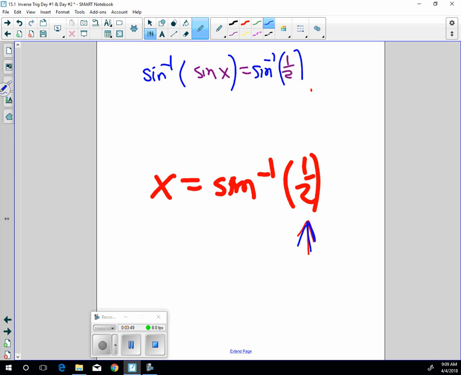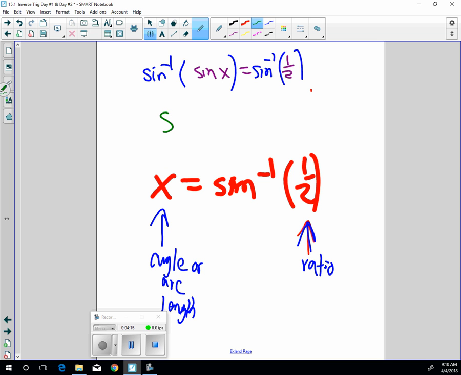What is 1/2? What does it mean? It's the ratio of lengths. And what's x? Still the what? The angle or the arc length. Yeah. All right. So let's do that again.